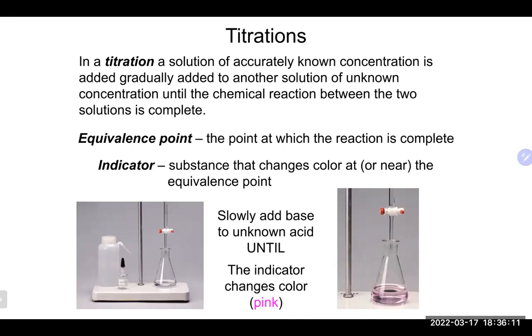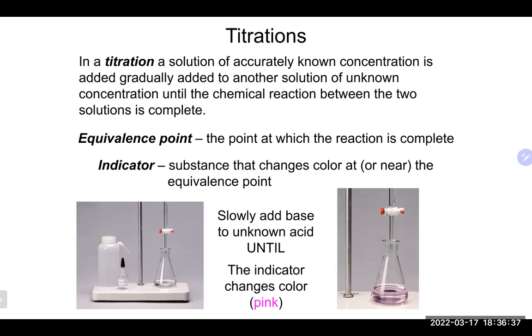Usually when we do a titration, we have a standard solution, a known solution. We know the molarity of it, and we know how much volume we're using of it. And we typically add it to a solution that is unknown. Maybe we don't know the molarity of it.